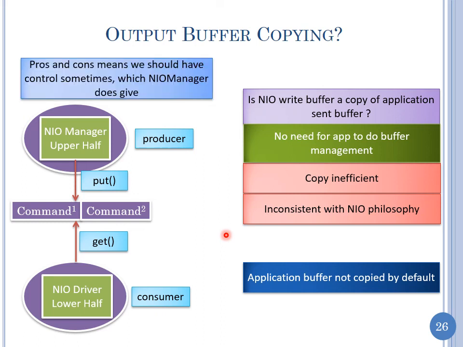But what it does mean is that we should have control sometimes, and actually the NIO manager is customizable, so everything can be changed through factories, and these command objects that it processes are created by a default factory, and you can change the command objects to do something different.